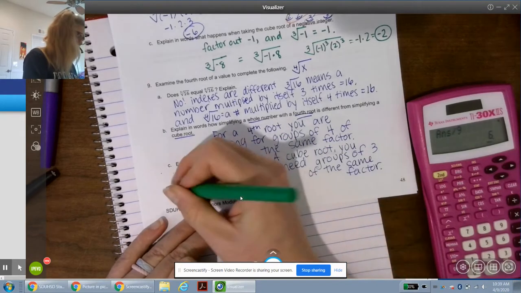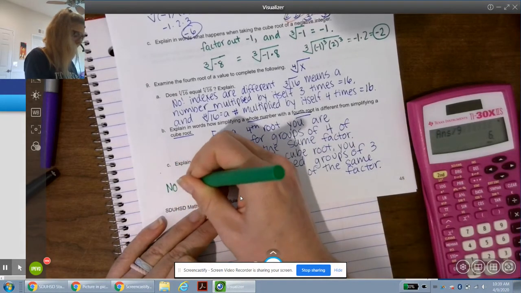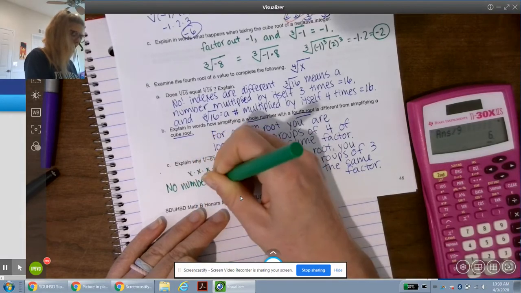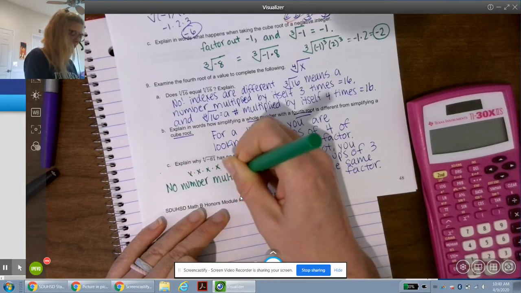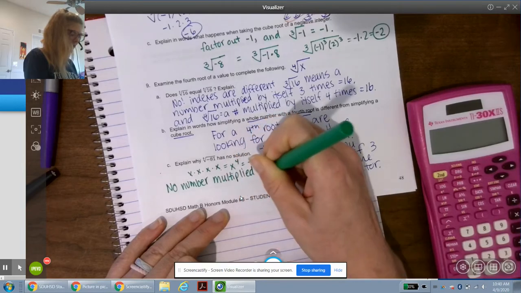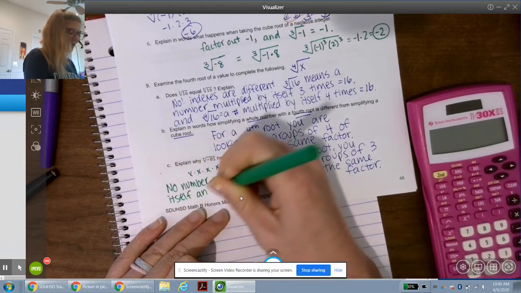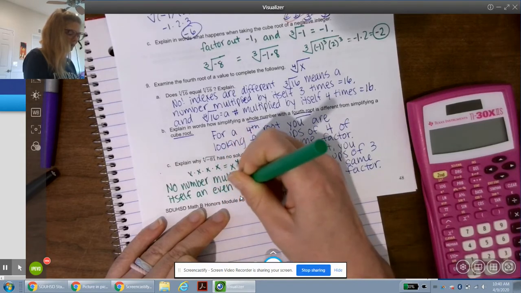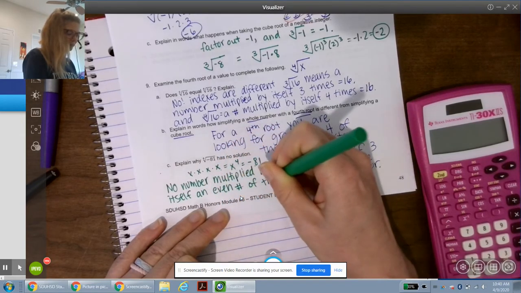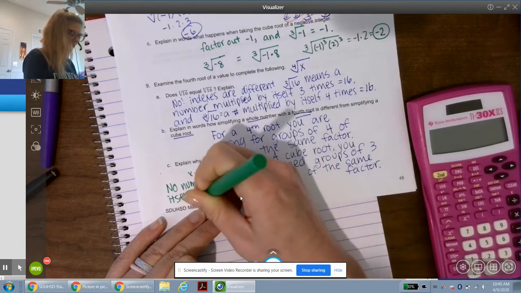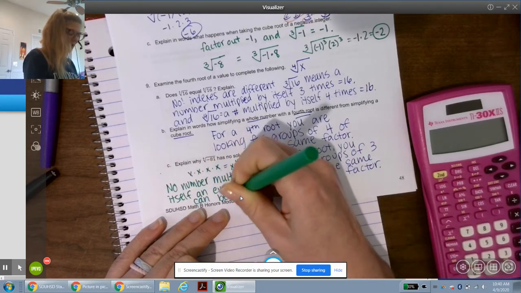No, it can't. No number multiplied by itself an even number of times can be a negative value.